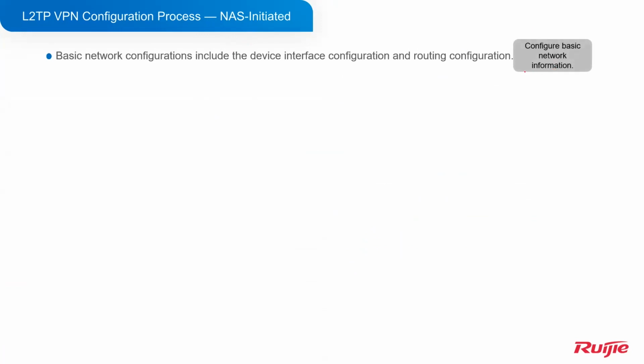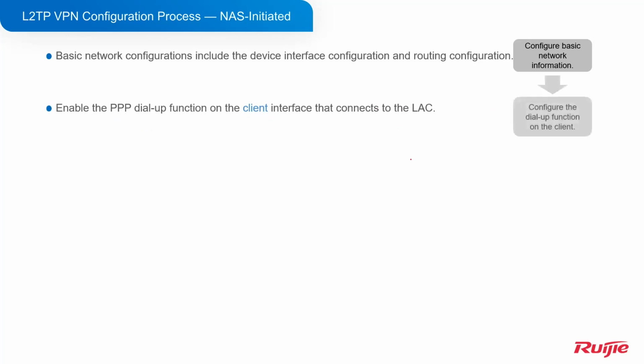It is also the same: before you deploy any VPN, you must make sure your public network connection is ready. So you have to configure it. And then you have to enable the PPP dial-up function on the client interface, and this interface will connect with our LAC device. So this is the second part.